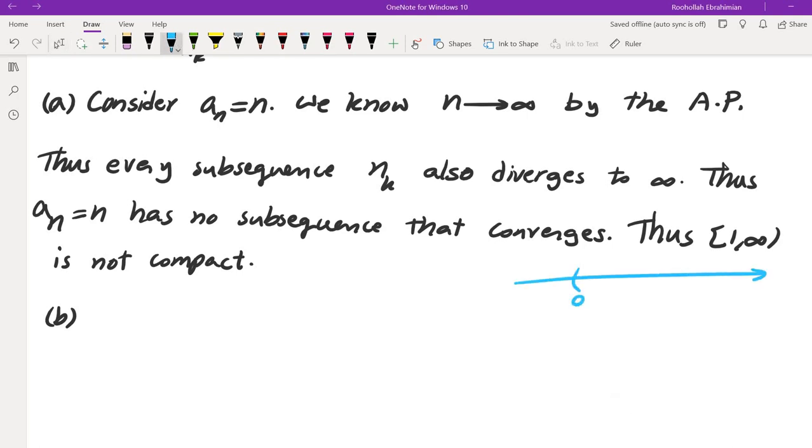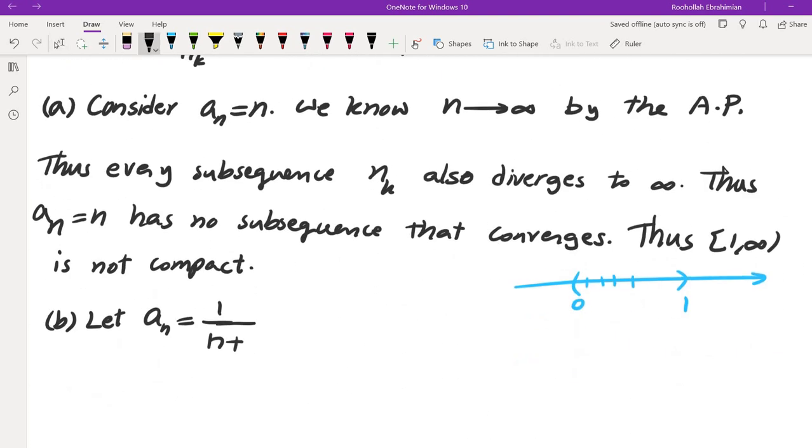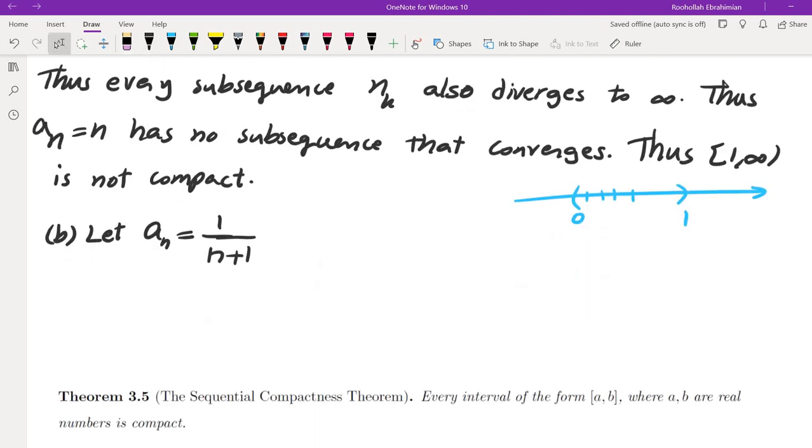If you look at the interval from 0 to 1, you can create a sequence that converges to either 0 or 1. So let a_n be 1 over n. Although since 1 over 1 isn't in the set, I'm going to make that perhaps 1 over n plus 1.